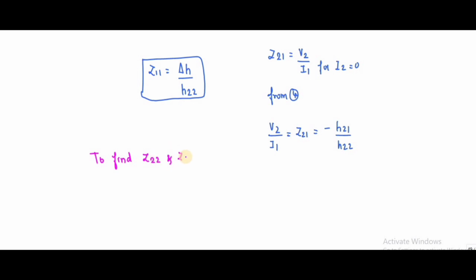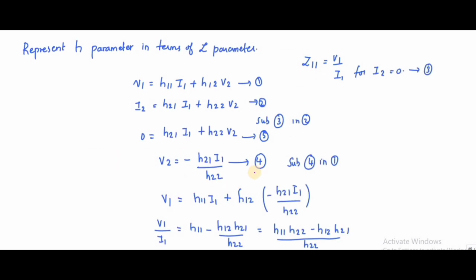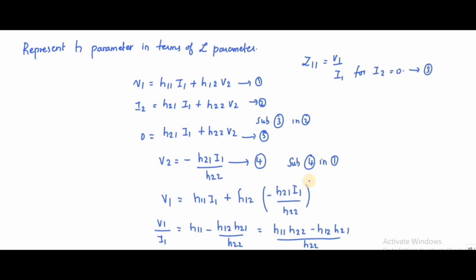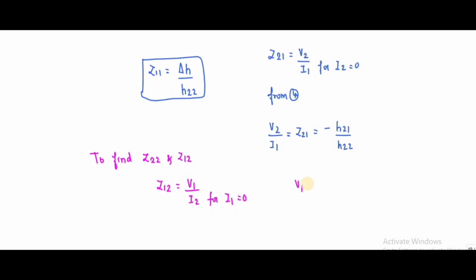Z12 is equal to V1 by I2 for I1 equal to 0, and Z22 is equal to V2 by I2. So V1, from the first equation, I can write H12 into V2, as I1 is 0.